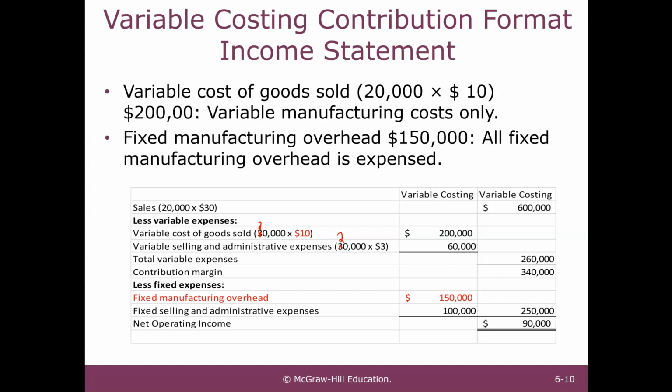Subtract that from the contribution margin and you get net operating income of $90,000. Now, just to recap the difference between variable and absorption, this fixed manufacturing overhead is a period expense under variable costing, and that is going to make a difference in the net operating income.